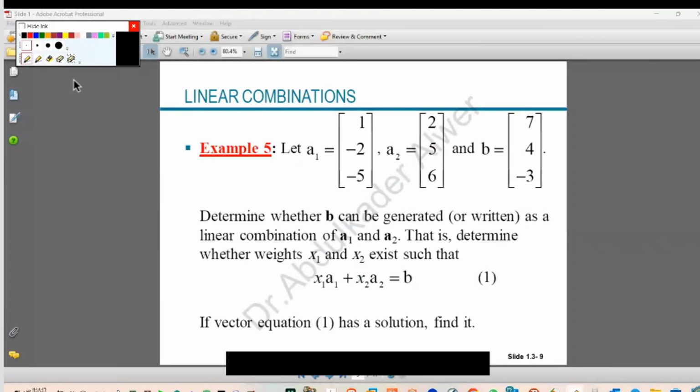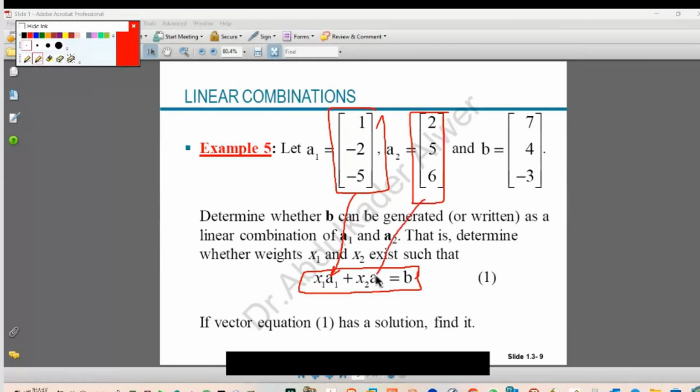First definition today is linear combinations. What is a linear combination? See here, x1 a1 plus x2 a2 equal b. This is called a linear combination. So this is a1, this is a2, and this is b.